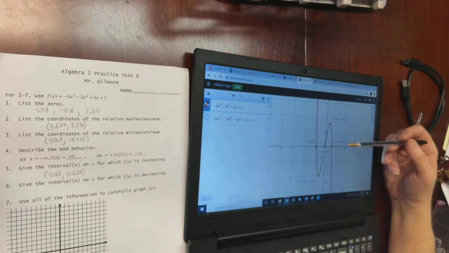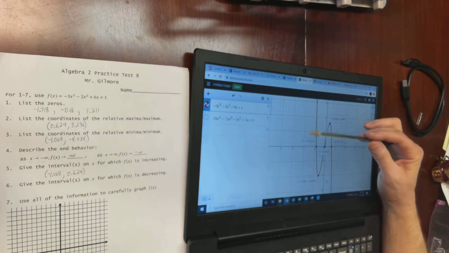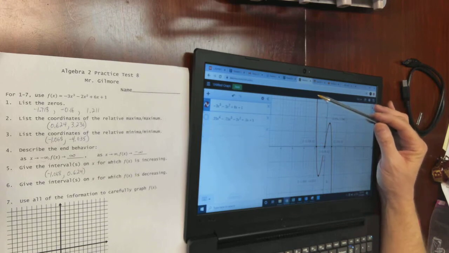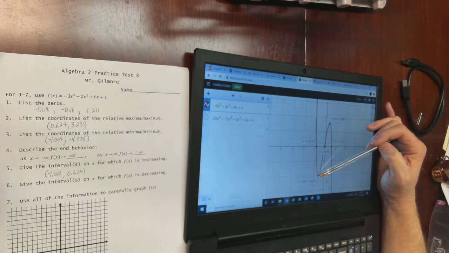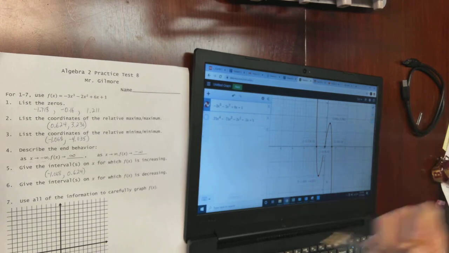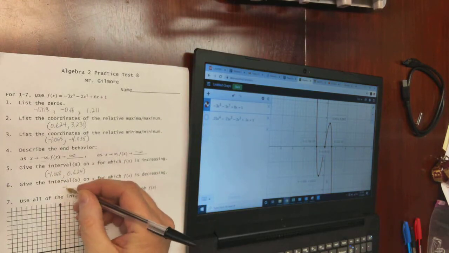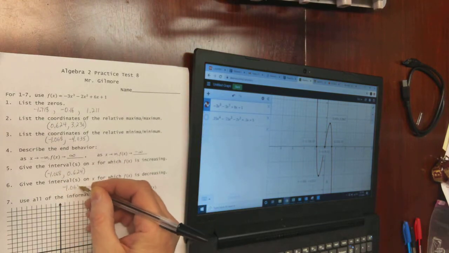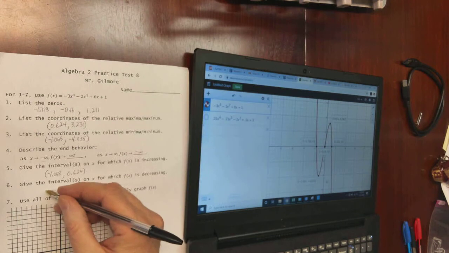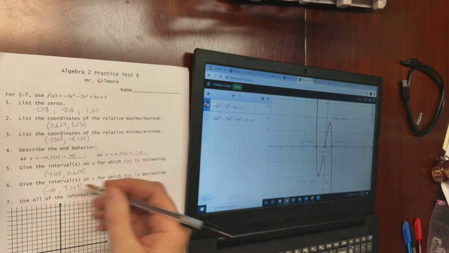Now when f of x is decreasing, on this left side it is decreasing until it gets to here, right? Until it gets to the negative 1.068. And the far left side is negative infinity.